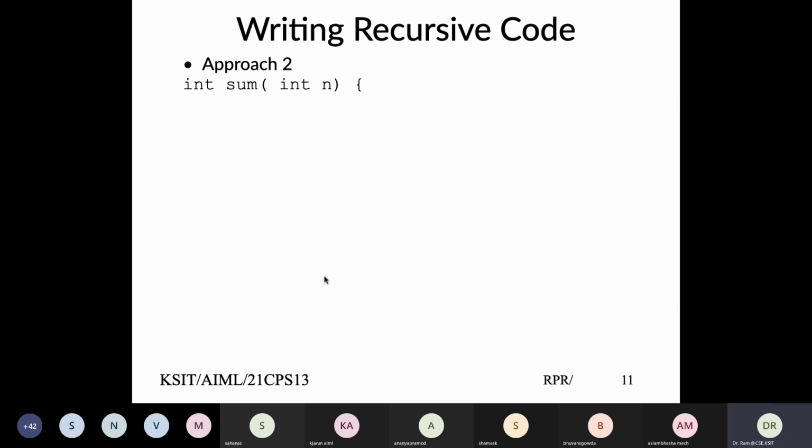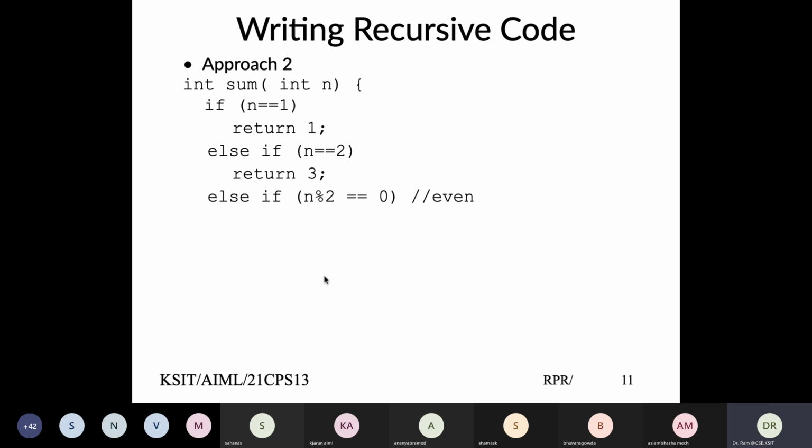So approach 2, sum of n: if n is equal to 1, return 1. If n is equal to 2, return 3. Otherwise, check whether it is odd or even. So if n percent 2 is equal to 0, that means it is even. And what would my answer be? What should I return? If n is even, it is neither 1 nor 2.